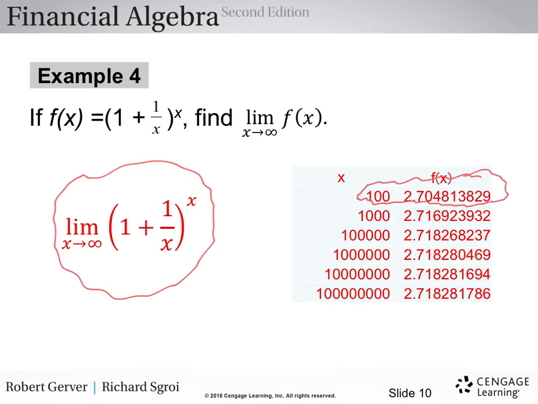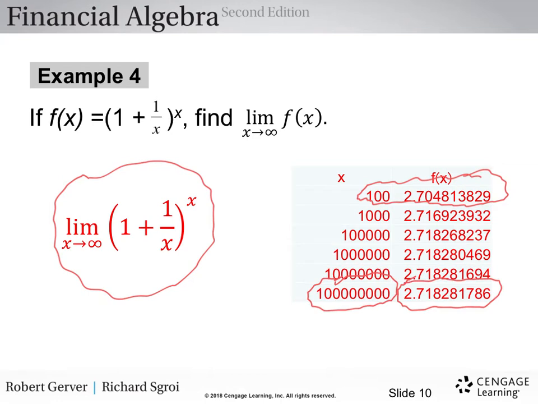And as I keep increasing, notice what's happening to f of x. And as I get way out here, which is, I believe, 100 million for x, look at the value of f of x. f of x is 2.718281786.